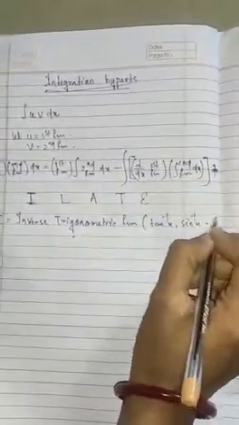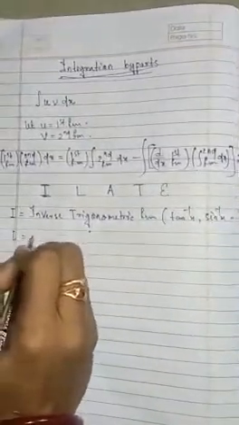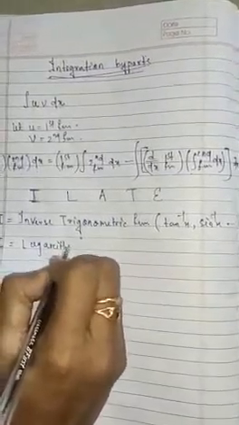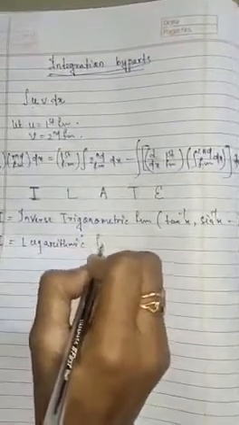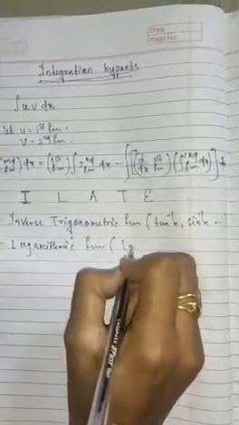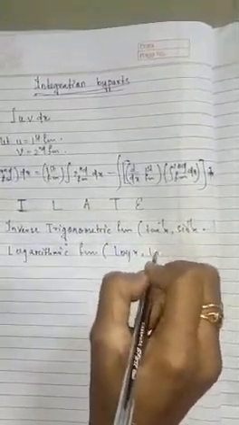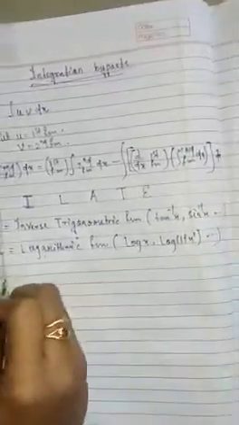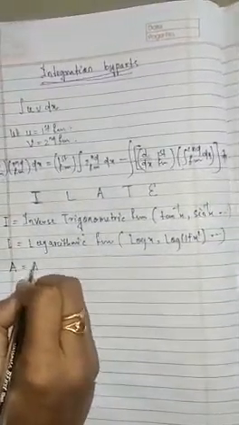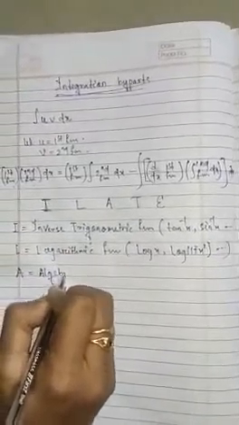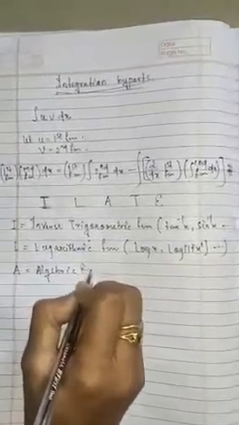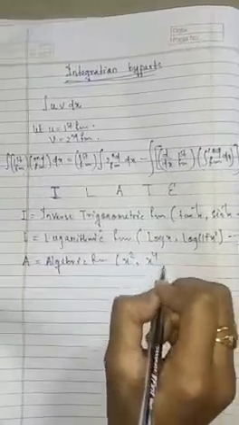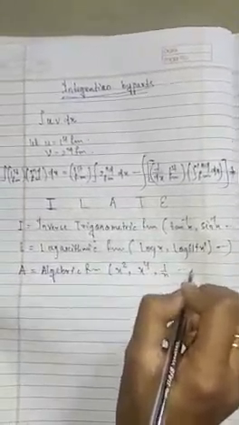L stands for logarithmic function, for example log x, log of 1 plus x square. A stands for algebraic function, for example x square, x to the power 4, 1 by x.